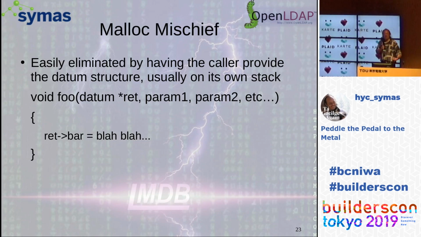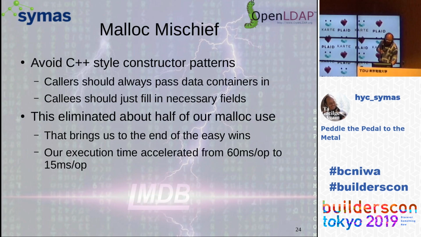And you can completely eliminate that use of malloc if you just pass in the structure pointer in the parameter list, because very frequently the parameter only gets used in one level of function. So you don't need this long-lived malloc variable because you're only using it in one place and you're going to throw it away right away. So as soon as we changed our memory usage pattern in this format, we got a massive gain, a 4x performance gain just from that.